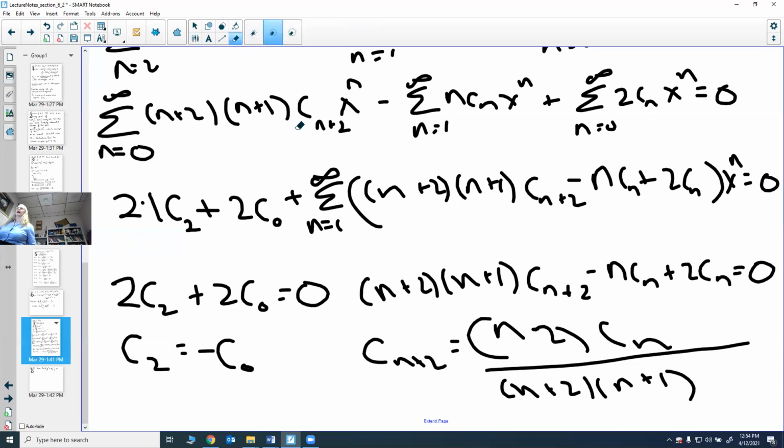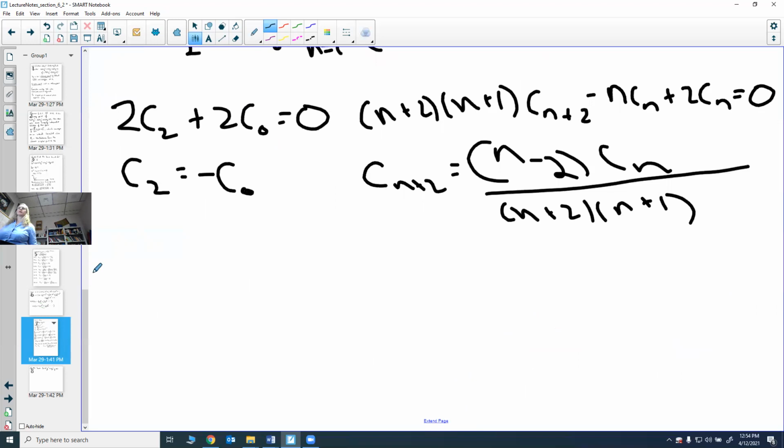Okay. In this case, my n starts at 1, going on up. So n equals 1 is where we're starting. N equals 1 means we're going to have c sub 3. We already know what c sub 0 and c sub 2 are.